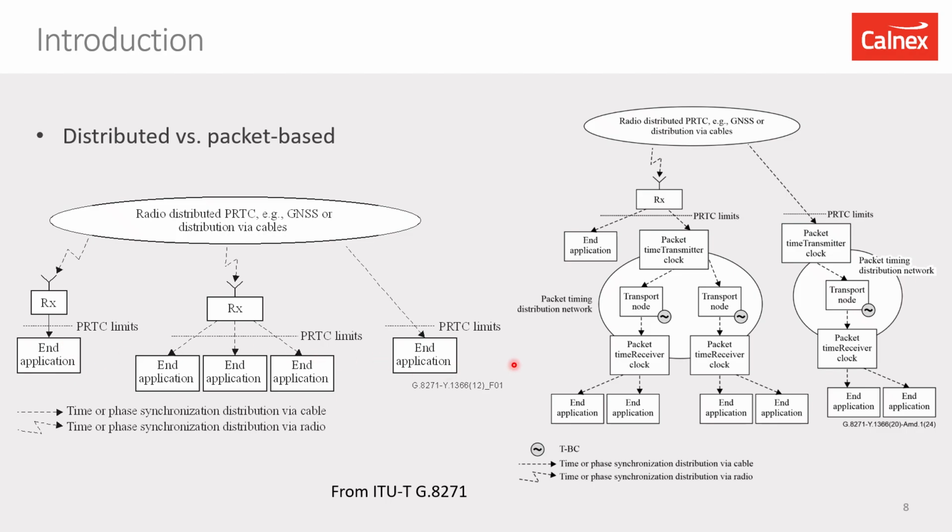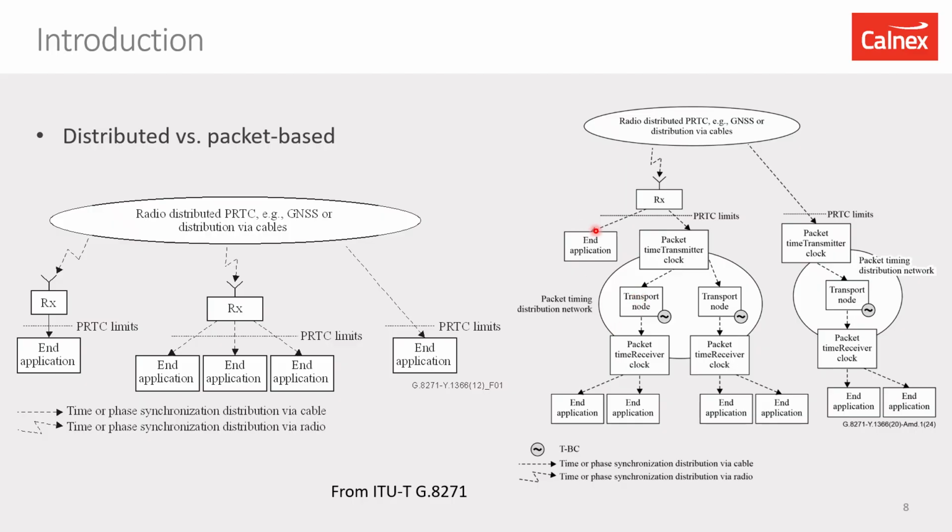A second option is to have this synchronization primary reference at the top of the synchronization chain and then distribute the timing reference across the network via packets, typically Precision Time Protocol packets as specified by 1588. And you see here across a network where the transport nodes may also process these packets.